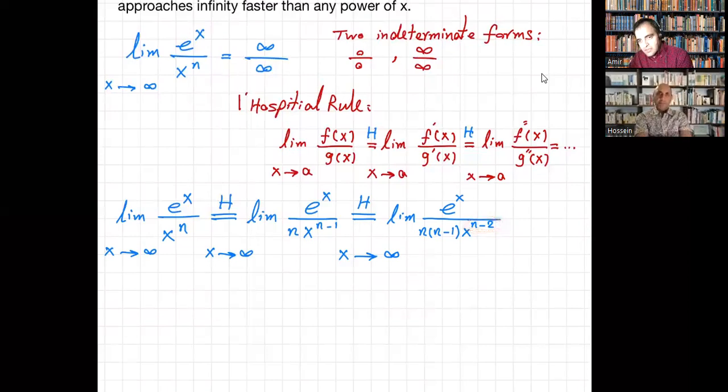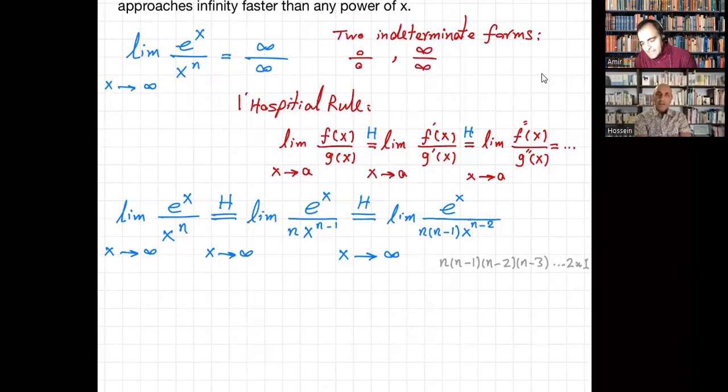So if I take another derivative, I'm going to have n times n minus 1, n minus 2, n minus 3, until I get to 2 times 1.